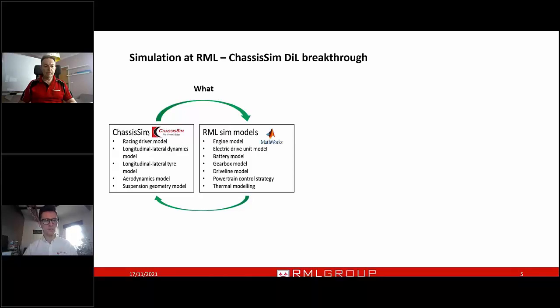So you have the racing driver model, you have the longitudinal and lateral dynamics model, the longitudinal and lateral tire modeling, aerodynamics, suspension modeling, so things like suspension travel over bumps and how the springs and the dampers behave. And then on the right-hand side you have the simulation models, where you can have engine models, electric drive unit models, battery, gearbox, driveline, and the control strategy.